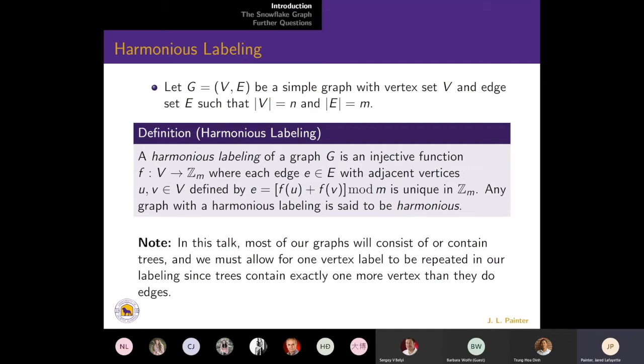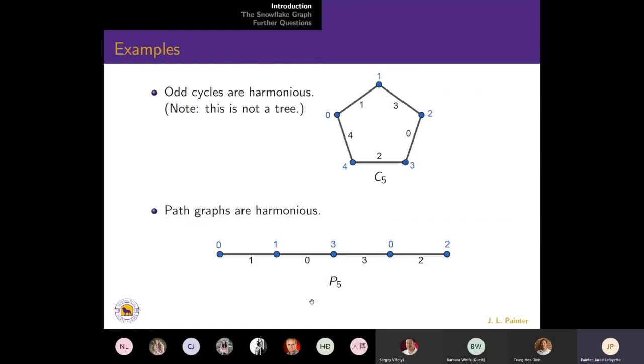Since trees have one more vertex than edges, we're going to allow one of those vertex labels to be repeated. I'll show you that in an example here.